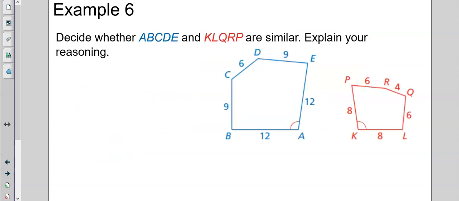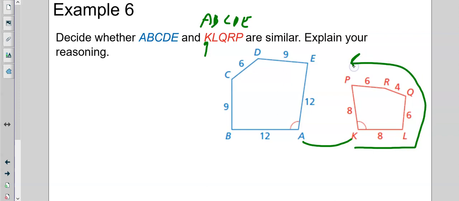All right, decide whether ABCDE and KLQRP are similar. So A, B, C, D, E. All right. Well, notice first off, right there, A and K, which we have lined up here, right, are not congruent, sorry, corresponding. So if you notice, you got to follow the order. So we're trying to see if KLRPQ going this way is the same as going that way.